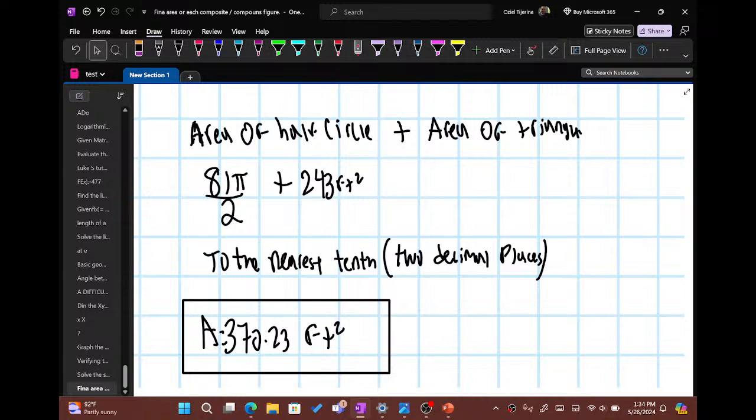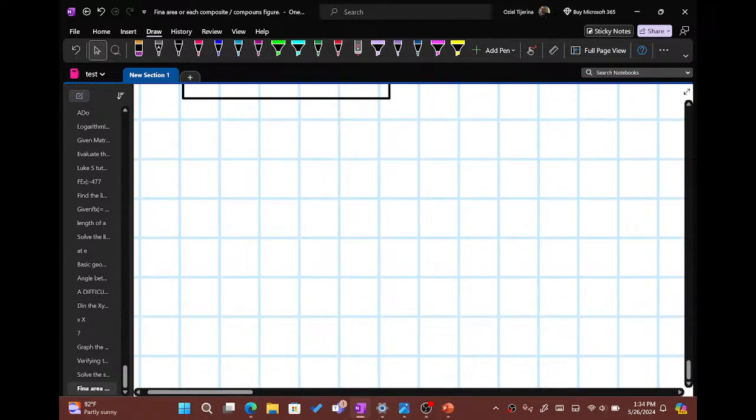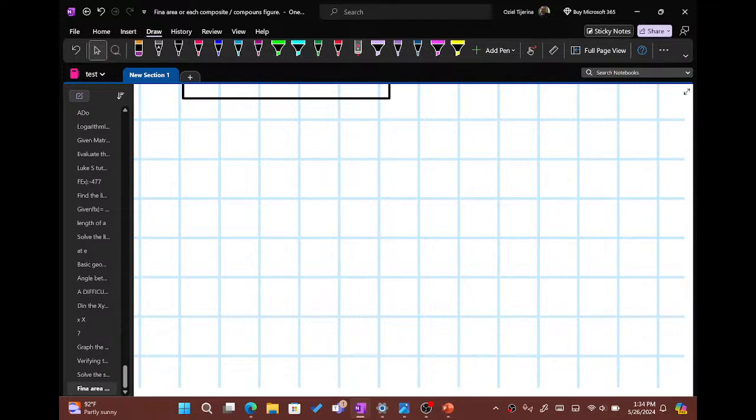Let's look at number 4. Now number 4 is the same idea. I'm pretty sure it doesn't matter if the triangle is not drawn, like, it looks like a scaling triangle.